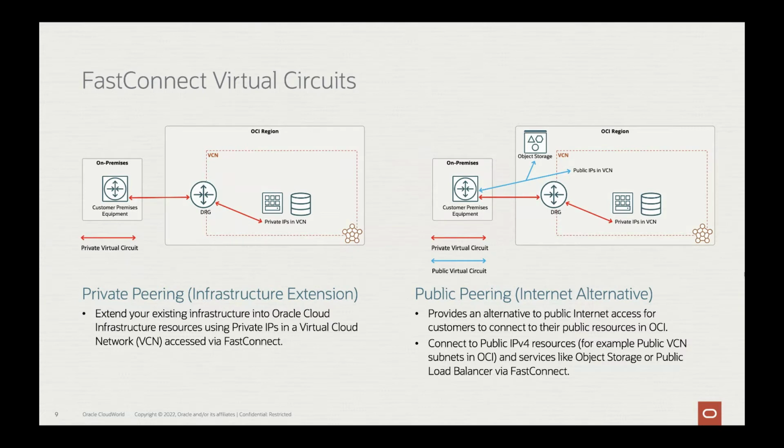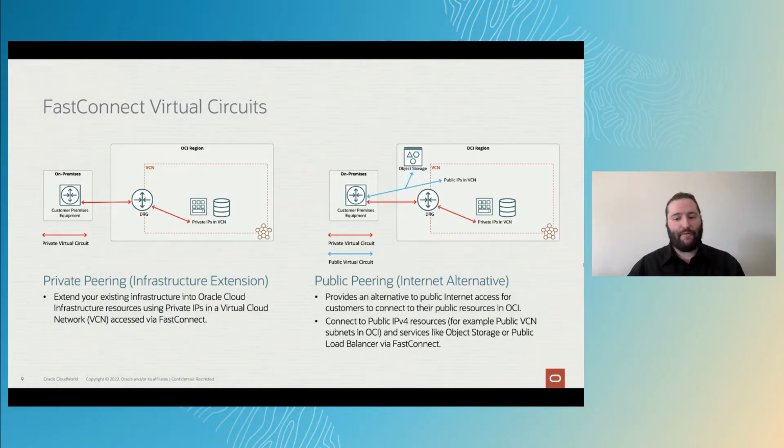So if your use case requires you to access those services, but have the benefits of FastConnect, the dedicated connectivity, predictable performance, and high bandwidth options, you may decide to go with the public peering option. You'll route that public traffic over that virtual circuit instead of the internet, gaining you access to those same resources. Basically any public IP within OCI Cloud.